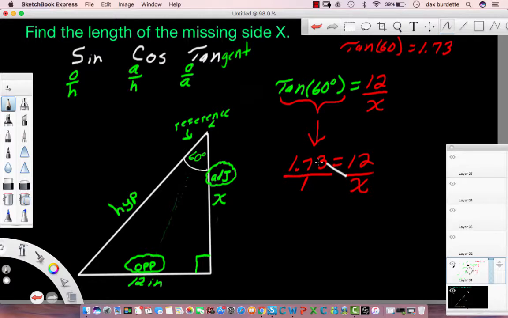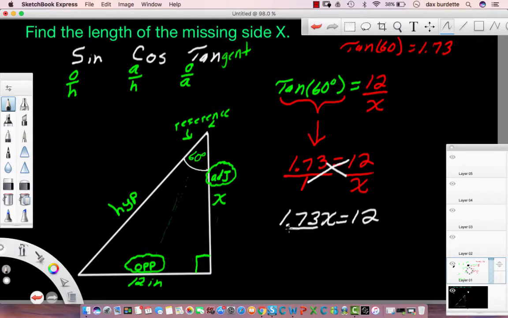We're going to cross multiply. 1.73 times x is 1.73x. It should be equal to the cross multiplication of these two, which is 12. Next step, we're going to isolate x so we can figure out what height x has to be.